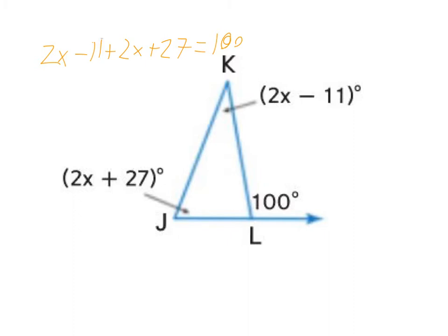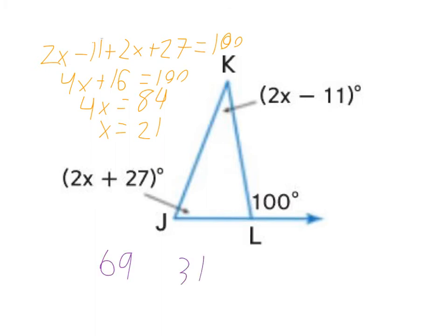Combine our like terms. 4x plus 16 must be equal to 100. Move things around. 4x is equal to 84. x is equal to 21. Plug that 21 back into these x values. We're going to end up with a 69 and a 31, which we're going to add up to give us 100.